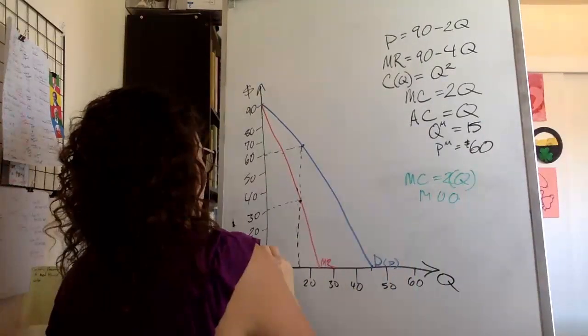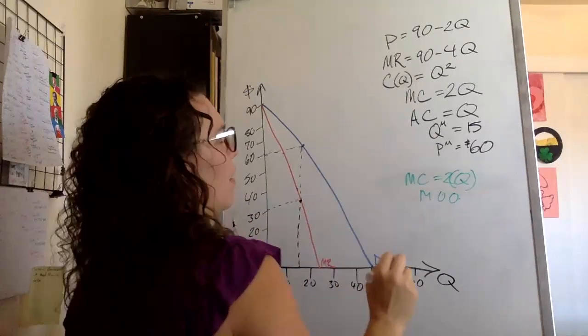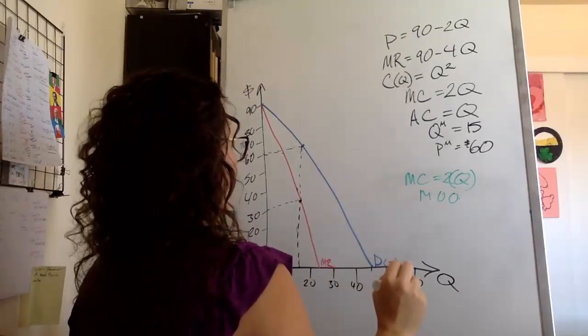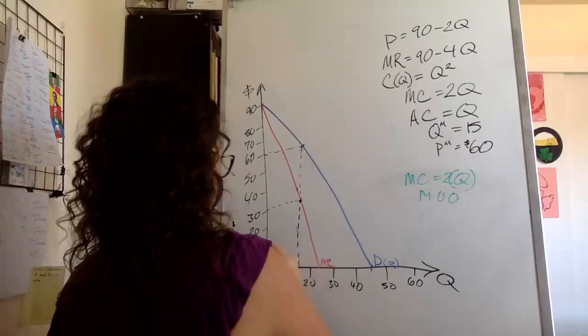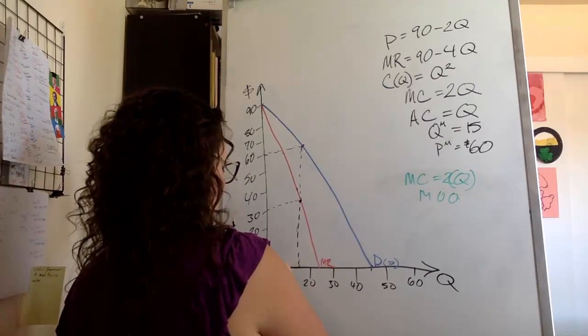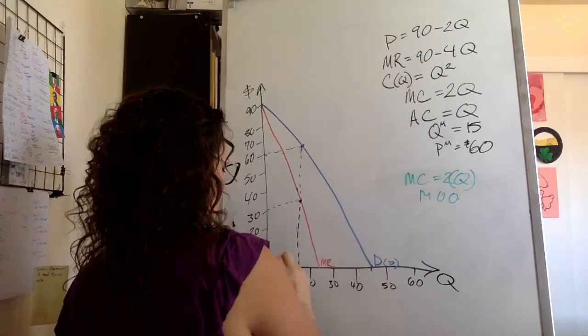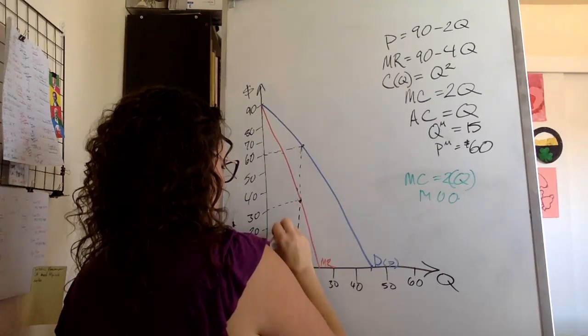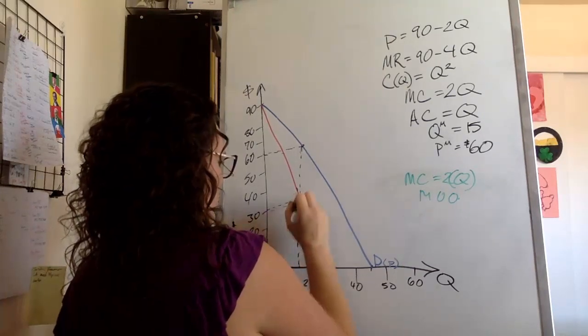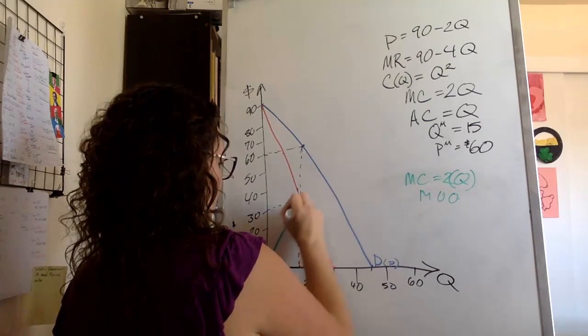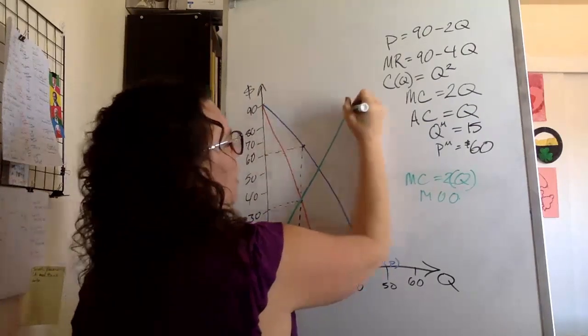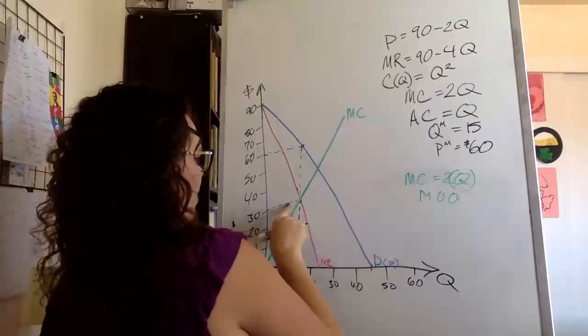So it's going to be from the origin to here. And then we can just draw this out. Okay. That's our marginal cost curve right there.